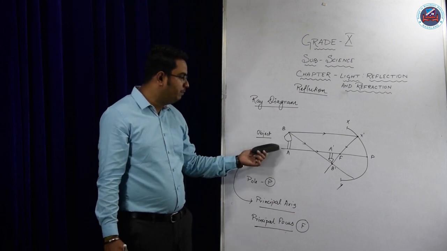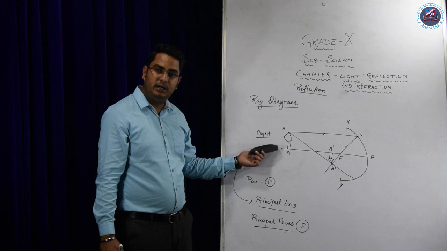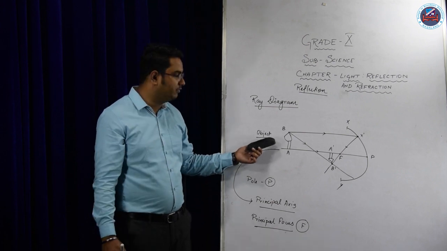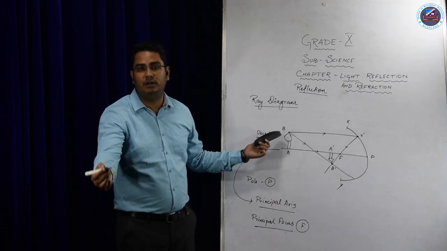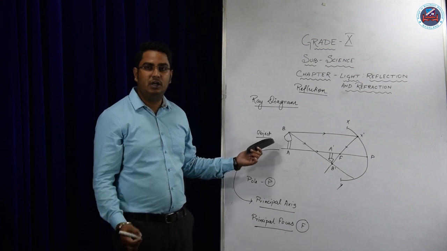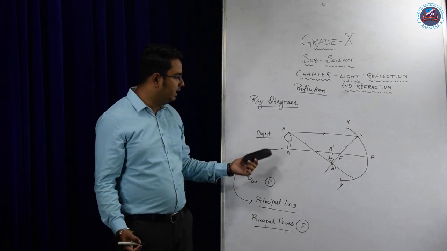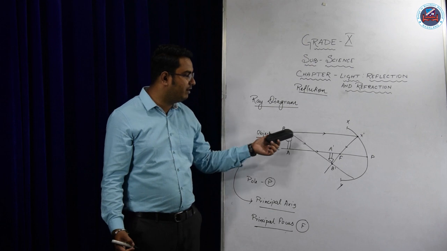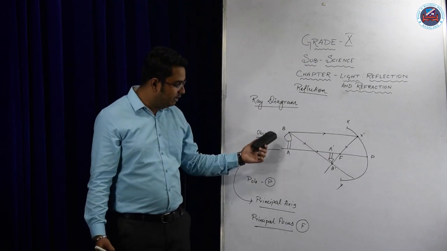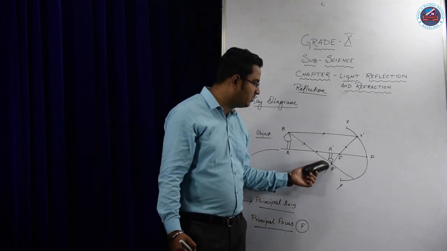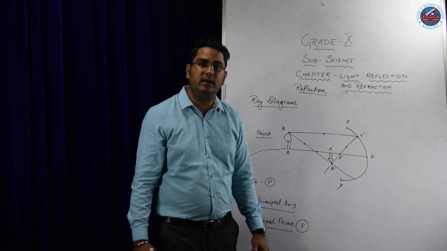Now, since we have placed the object somewhere at AB, why do we place the object in front of a mirror? To get the image of it. So here the object AB which we have placed in front of the mirror, the image of that object AB has formed somewhere at point A dash and B dash.